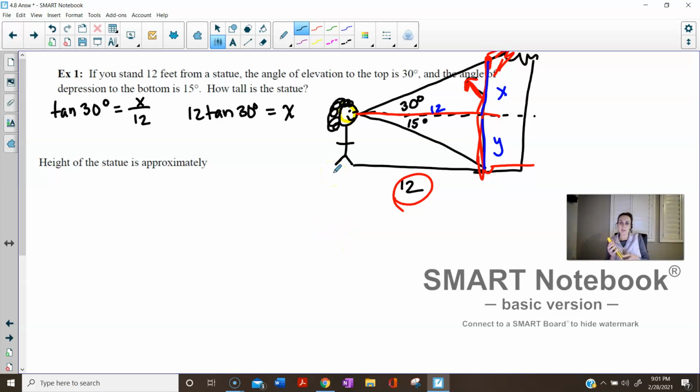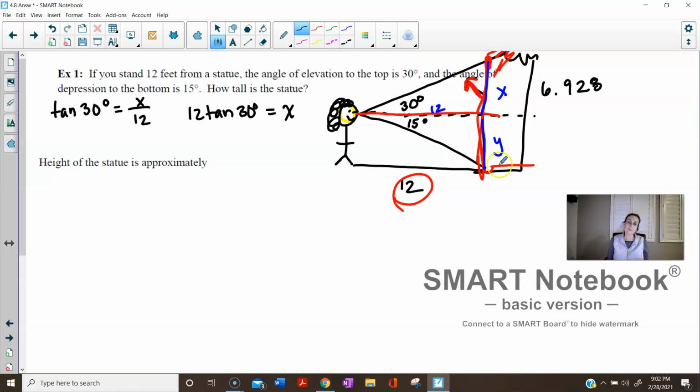So you're in degree mode. And then you're going to type in 12 tangent of 30. Close the parenthesis, and you get 6.928.